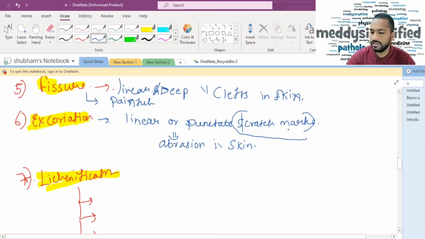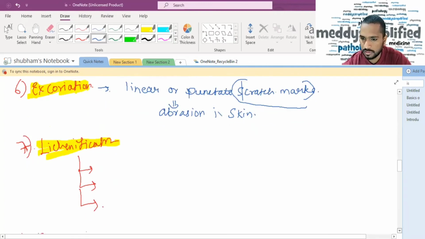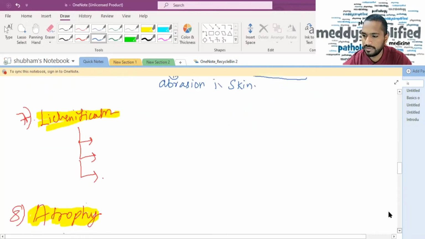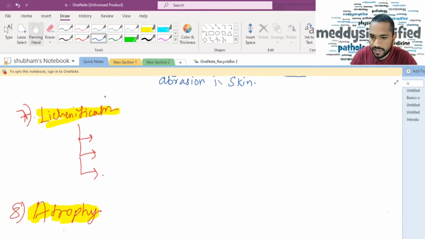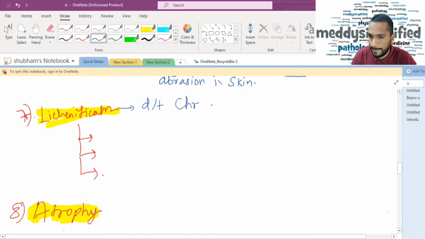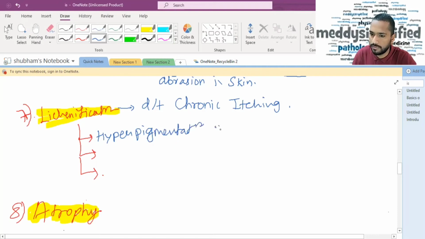Next, we will talk about lichenification. Lichenification occurs due to chronic itching. It has three important components. One is hyperpigmentation of skin. Next is thickening of skin.